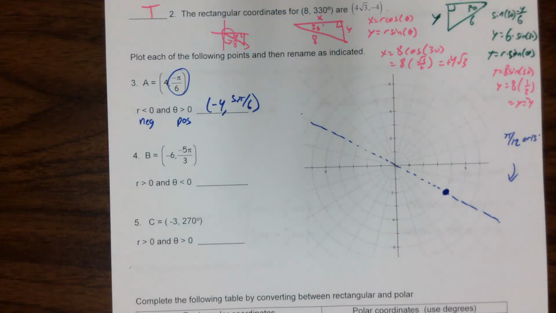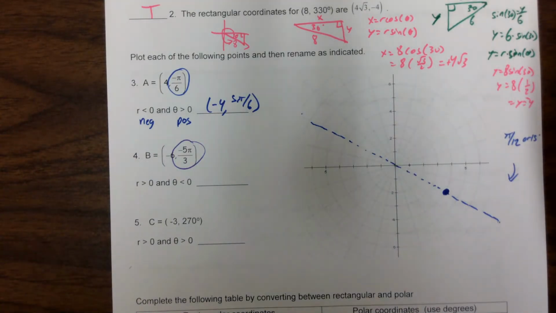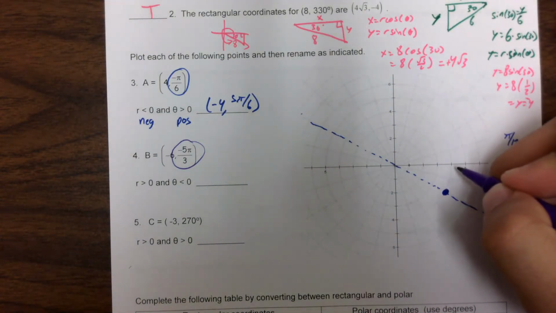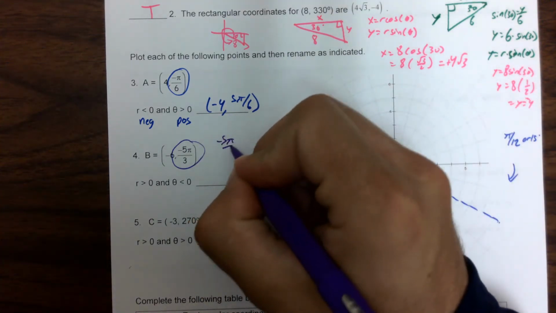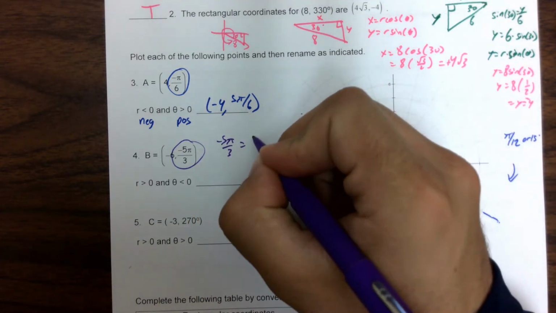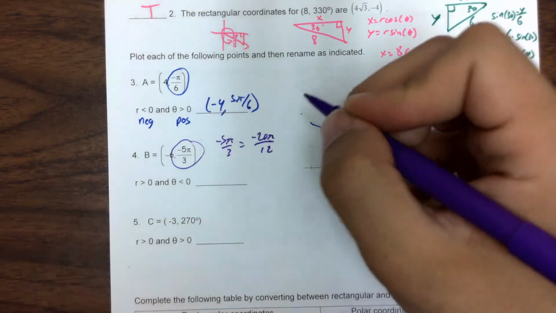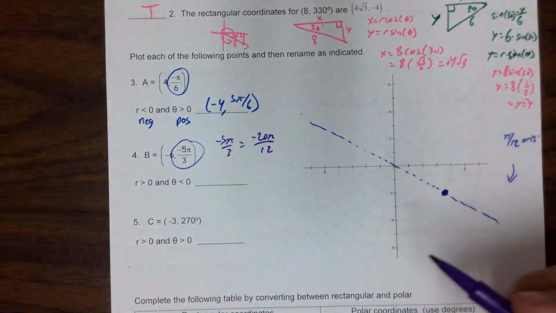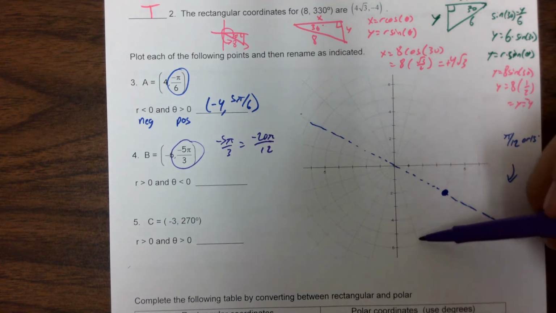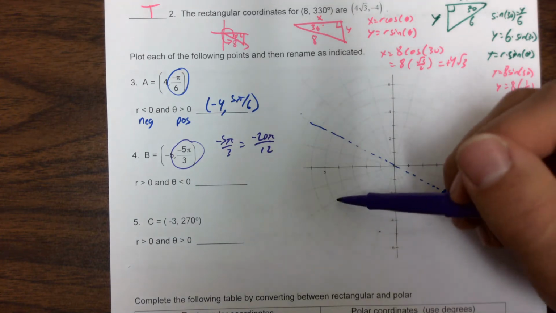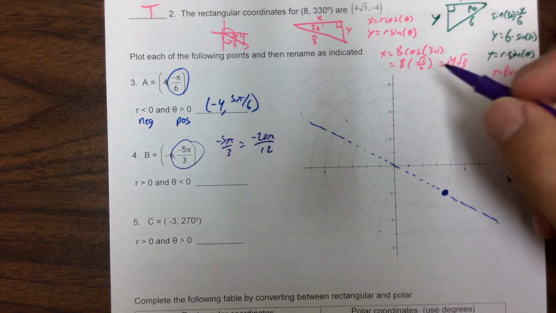Next one, again, I'm going to start with my angle, negative 5π/3. You can even turn this into π/12 to help you out. If I multiply both by 4, that's negative 20π/12. So 1, 2, 3, 4, 5, 6, 7, 8, 9, 10, 11, 12, 13, 14, 15, 16, 17, 18, 19, 20.